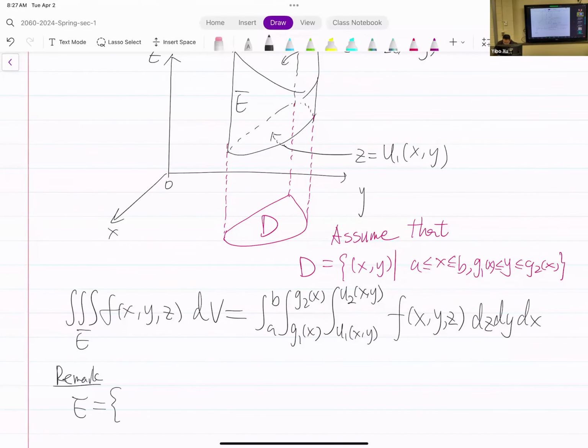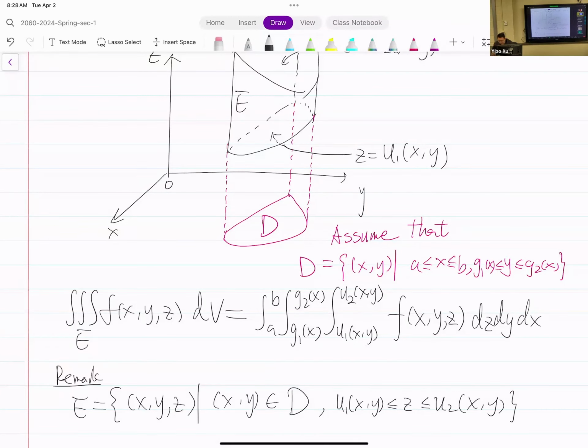But then if you want to write down the set notation for this solid E, it is defined by all the tuples such that my xy pair is within the region D in red, right? And then we follow by the bounds for the last variable z. Okay, so z is cut between u1 of xy and u2 of xy.